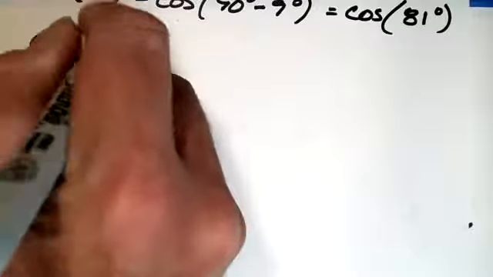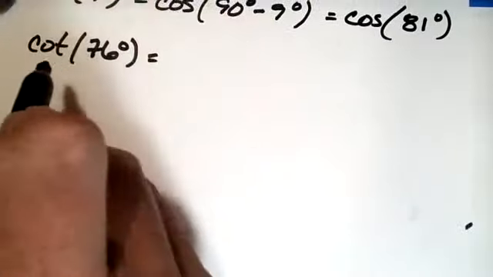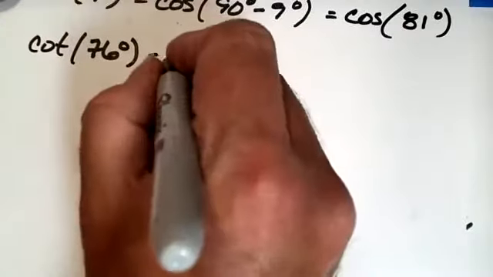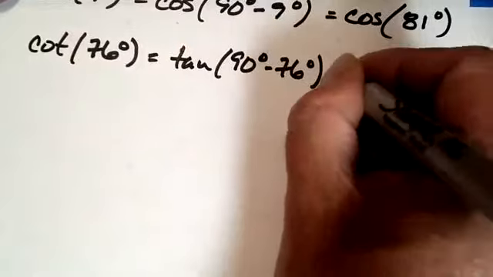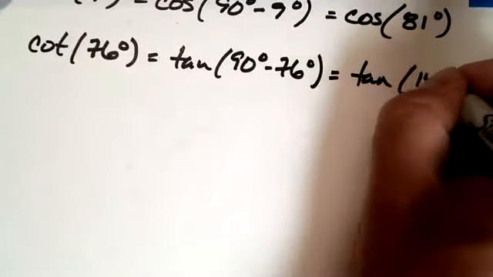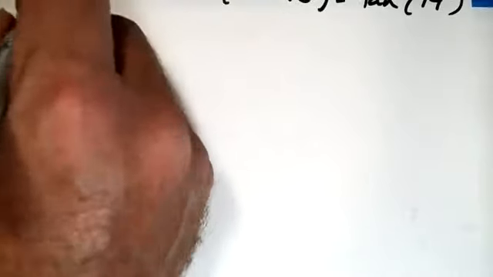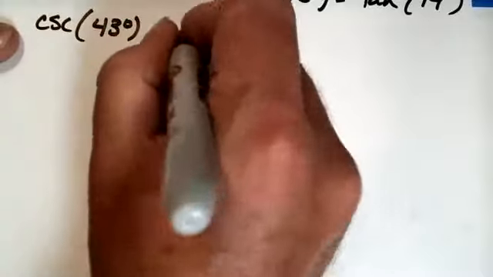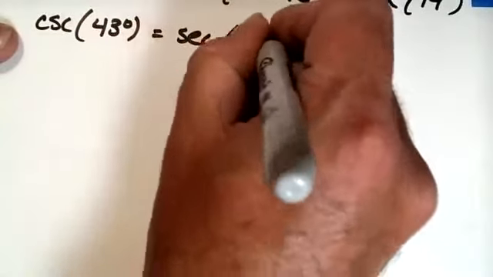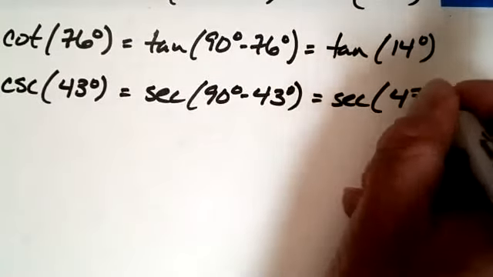Cotangent of 76 degrees, well, the cofunction of cotangent is tangent. So we're talking about tangent of 90 degrees minus 76 degrees, which happens to be equal to the tangent of 14 degrees. Let's do one more involving secant and cosecant. So cosecant of, let's say, 43 degrees is equal to the secant of 90 degrees minus 43 degrees, which is the secant of 47 degrees.